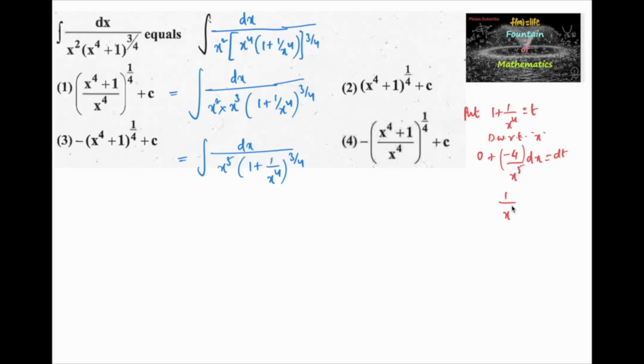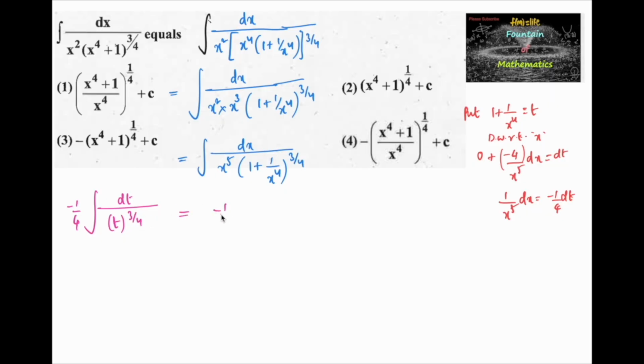That is 1 by x power 5 dx is equal to minus 1 by 4 dt. So this integral we can write as minus 1 by 4 dt divided by t to the power of 3 by 4.